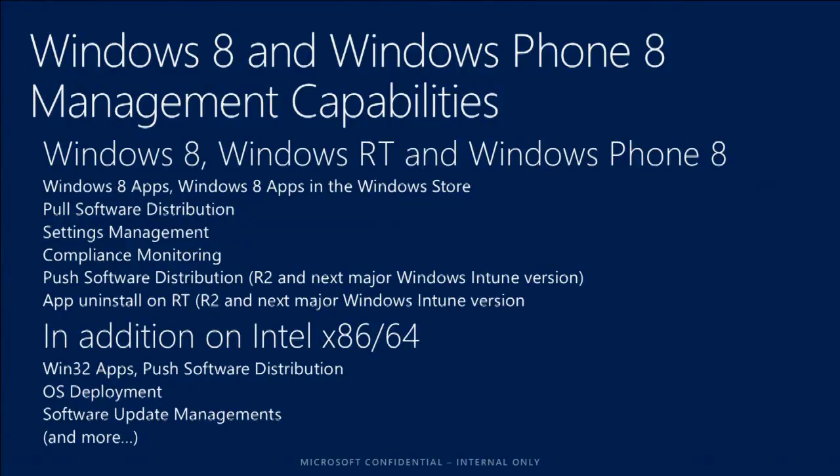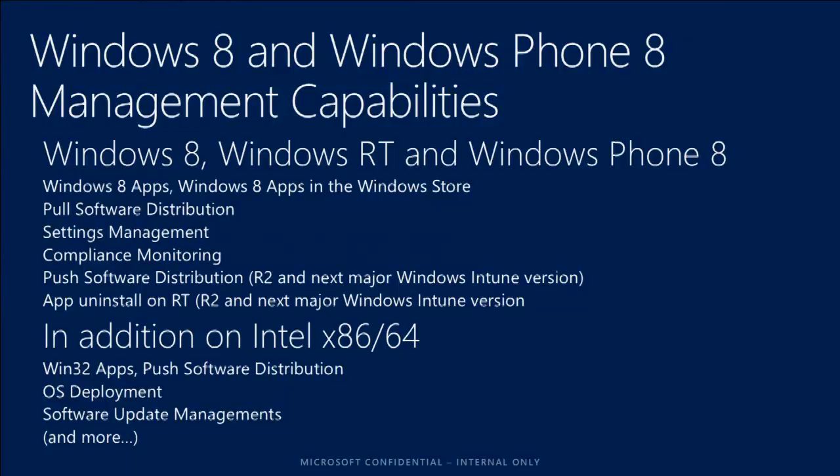So now in R2 we'll support the ability to push software to devices and uninstall software on Windows RT as well, so that we can complete more of a traditional management scenario, with a greater degree of control on Windows RT devices.